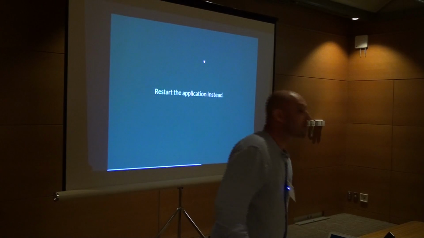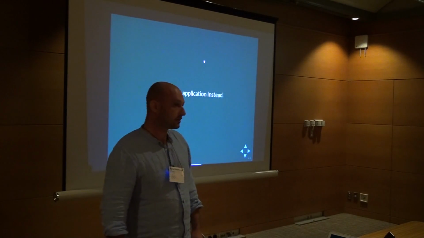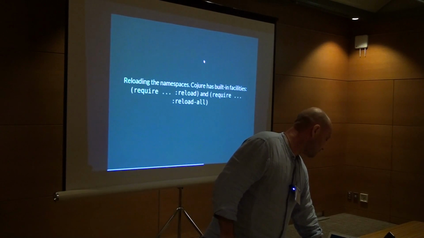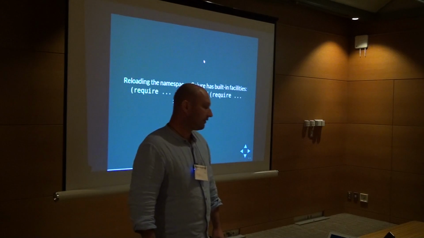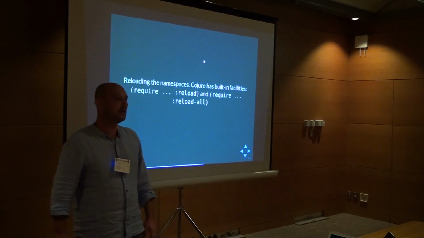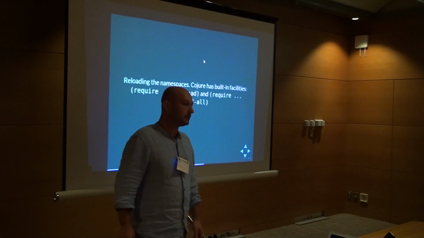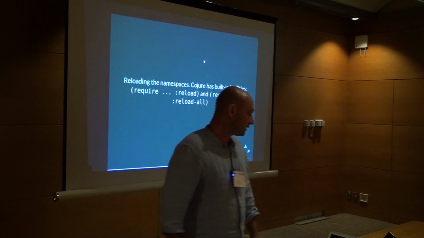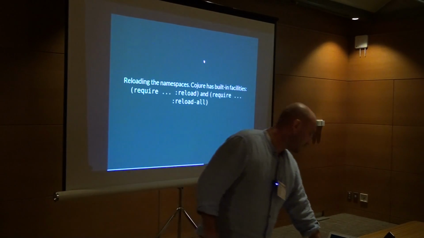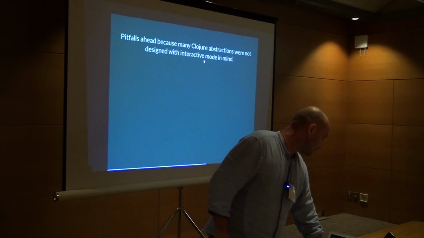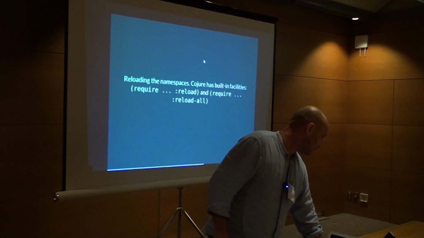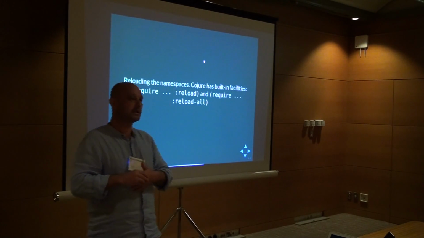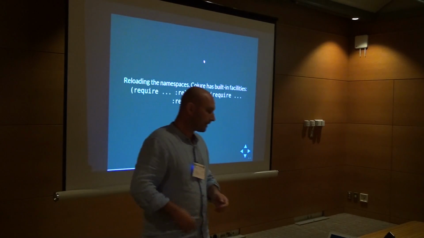Instead of restarting the REPL, we restart the application. So Clojure has built-in facilities to do that, at least reloading namespaces, which are required, and require with reload-all, which recompiles all the namespaces of your program.